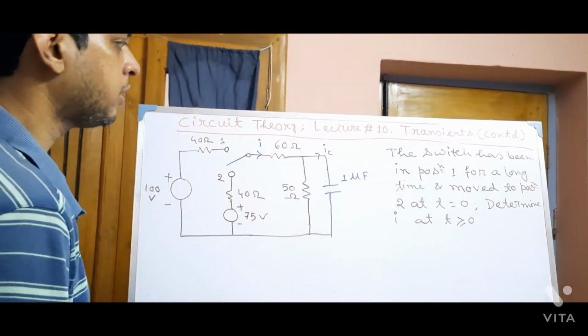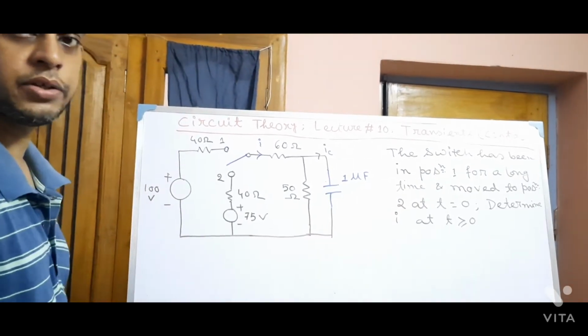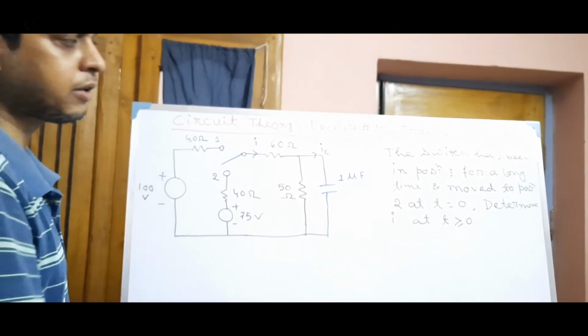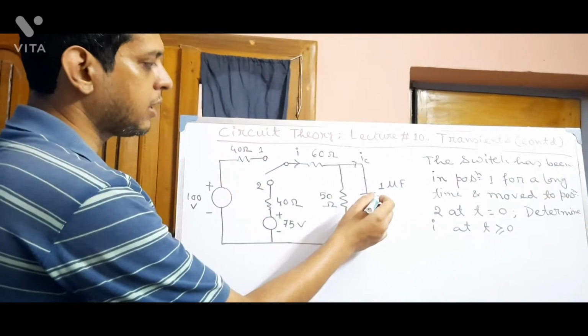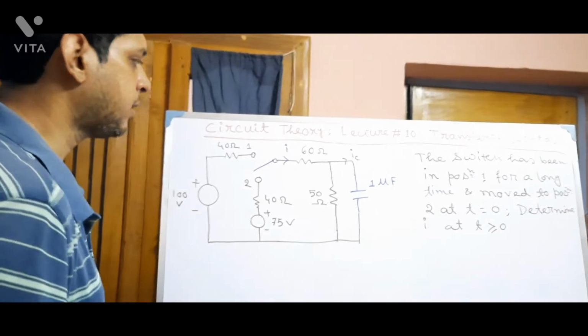Okay. Now the circuit was in DC steady state. So we know that in DC steady state the capacitor will behave as an open.